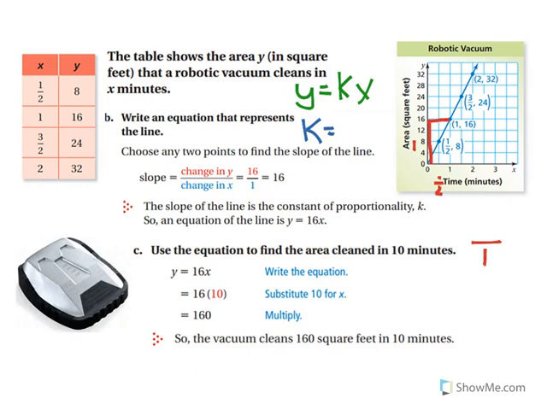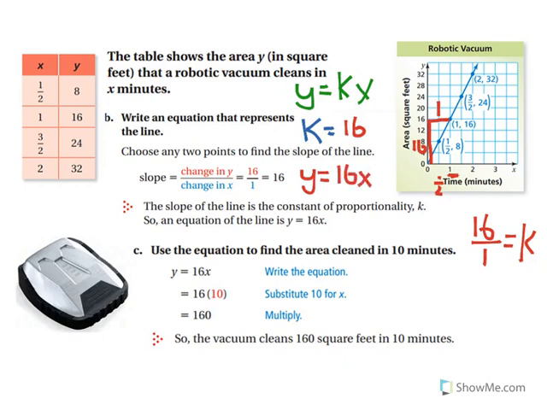As you can see, I went up 16. And then I went to the right over 1. See, it goes right over to the 1. So my k is going to be 16 over 1, or just 16. So I can go ahead and write my equation as y equals 16x.